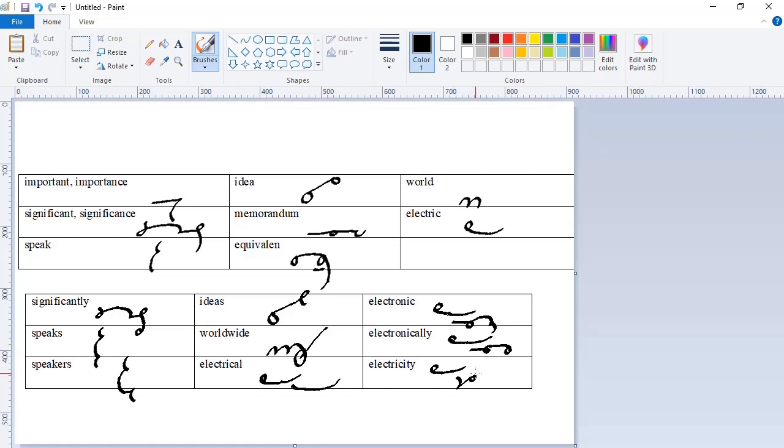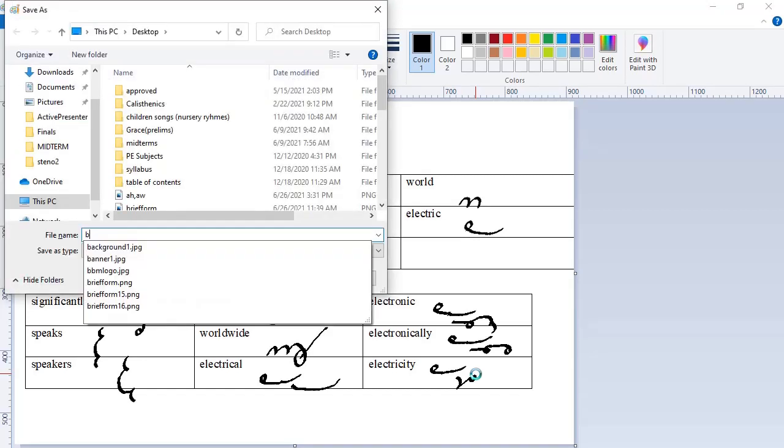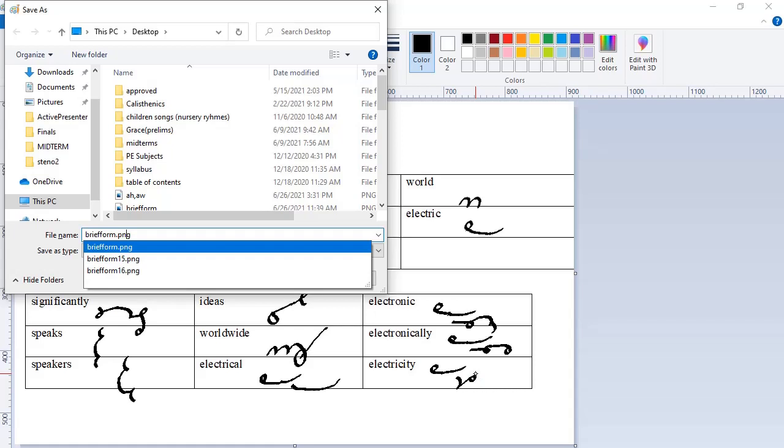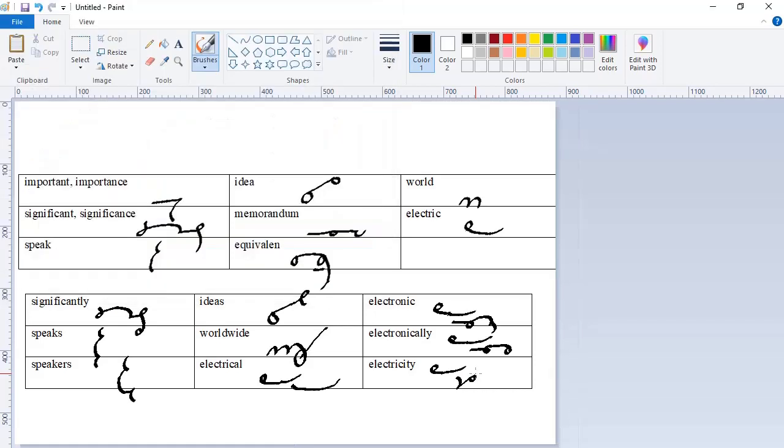Okay, so those are our brief form derivatives and brief form words. So save muna natin. Brief form 17. Okay, so now let's move on.